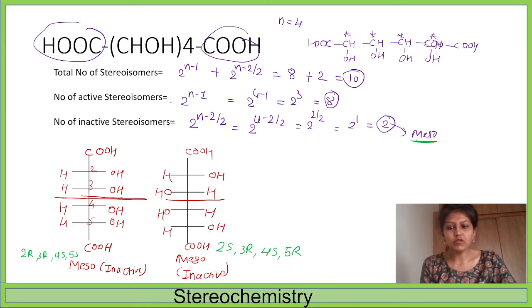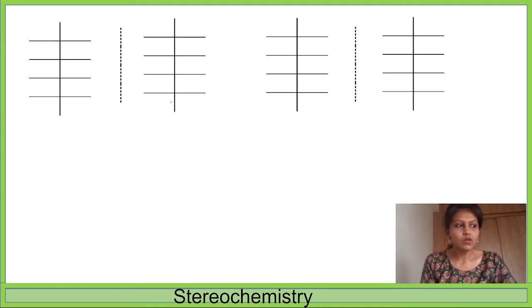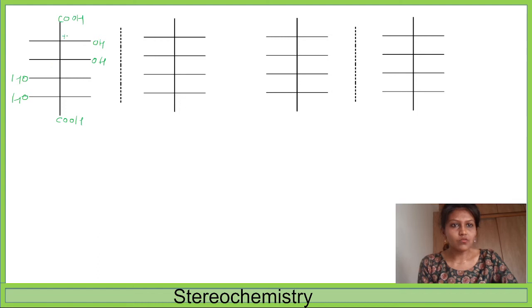Now optically active stereoisomers. Okay, so firstly COOH, COOH, right? Okay, now suppose I put over here OH, OH, OH and OH. I'm not writing hydrogen in any molecule, okay? So you have to understand yourself. Okay, so now the configuration. So firstly, 2 number carbon, this is 3 number, 4 and 5th.